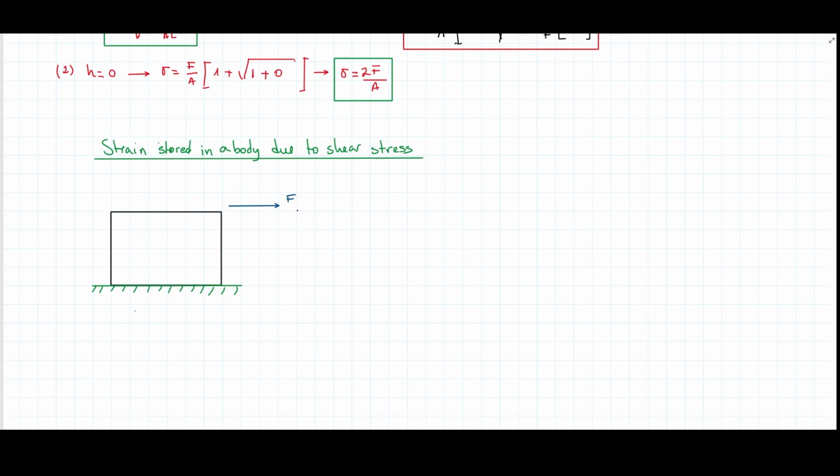But before showing what this is going to do, let me put some dimensions here. This is the height of the body. We have also the length of the body, I'll just call it like this. Let's imagine that this body also has a certain depth here, like this, but I don't want to fully draw it. Something like this.